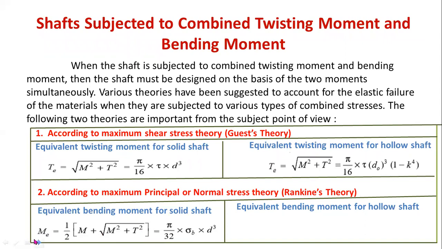Me means equivalent bending moment, equal to 1 by 2 into (M plus square root of M square plus T square). Here M is the maximum bending moment. This is the formula for a hollow shaft. Okay, for determining the size of solid or hollow shafts subjected to combined twisting and bending moments, you have to use these two formulas.